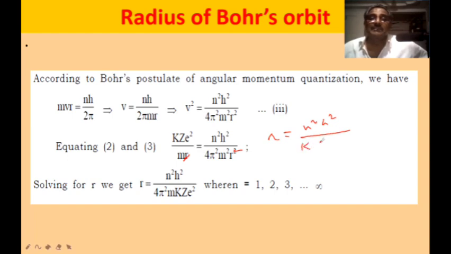k z e square into 4 pi square, and among m square, one m will also be cancelled, so 4 pi square m. So this can be written as n square h square by 4 pi square m k z e square.